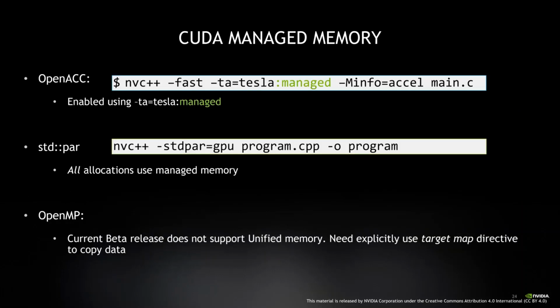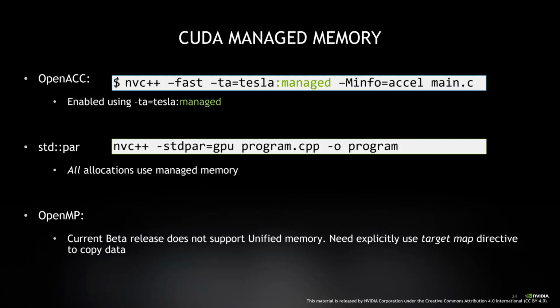In terms of using managed memory with the different programming models, if you use the compiler flag -ta=tesla:managed, that automatically switches on managed memory for you. So all the data transfers in your OpenACC code will be handled by the unified memory. Using the standard parallelization approaches, such as the ones in C++, again, the managed memory is implicitly used there.